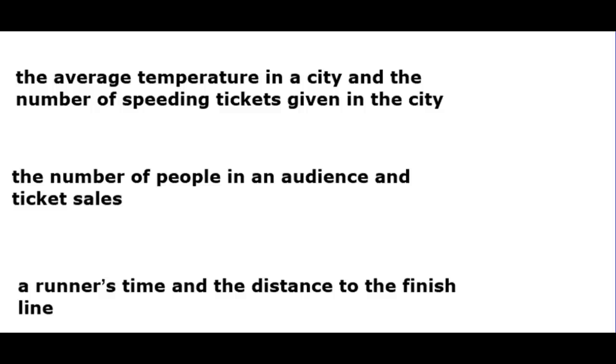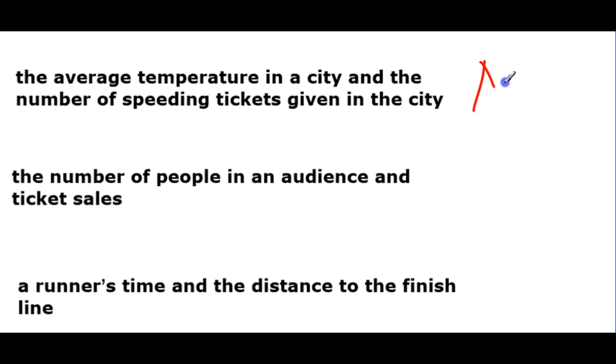The average temperature in a city and the number of speeding tickets that are given in the city. Do people speed faster when it's hot? As the temperature goes up, do they drive faster, do they drive slower, or is there no correlation there? I would say this would be a big fat no correlation.